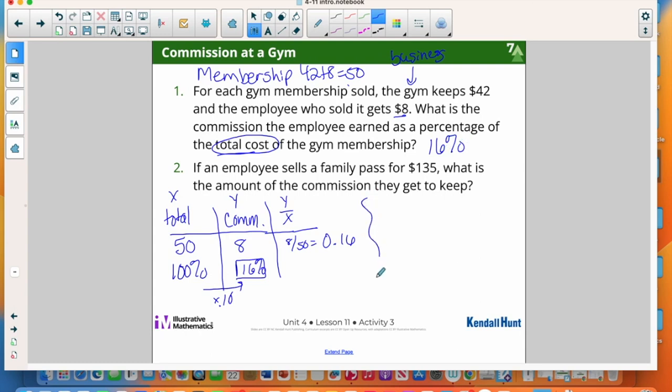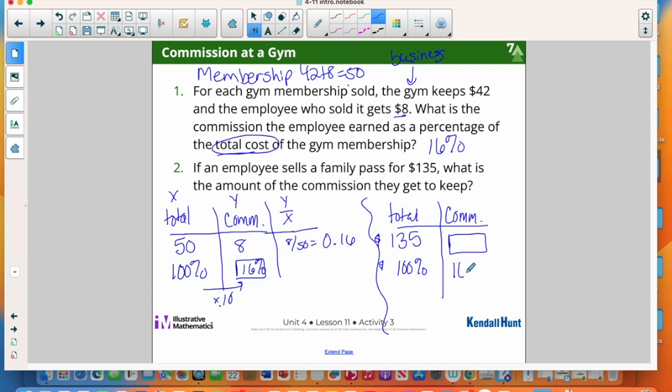If the employee sells a family pass for $135, what is the amount of commission they keep? Well, let's assume that they keep the same percentage. So now we have the total and we have the commission. So the total is $135. Now we're trying to figure out how much commission, the amount of money. The total is still my 100%.